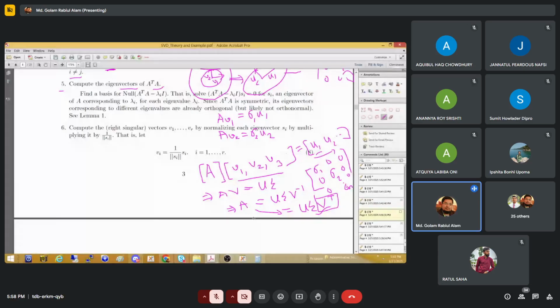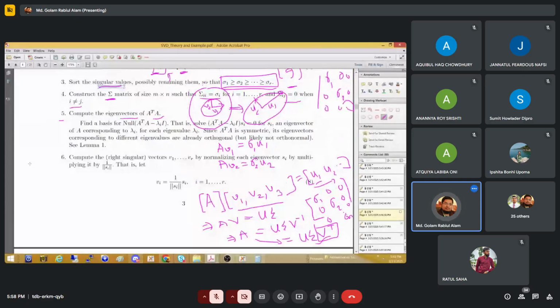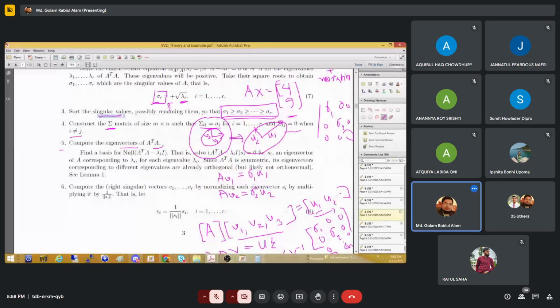We want to compute that, and for that, if we consider Si, this one is our eigenvector for the eigenvalue lambda i, then we have to divide this by the length of that vector.